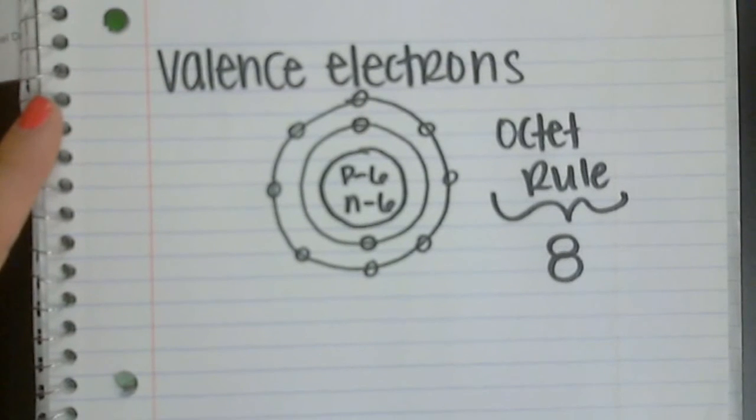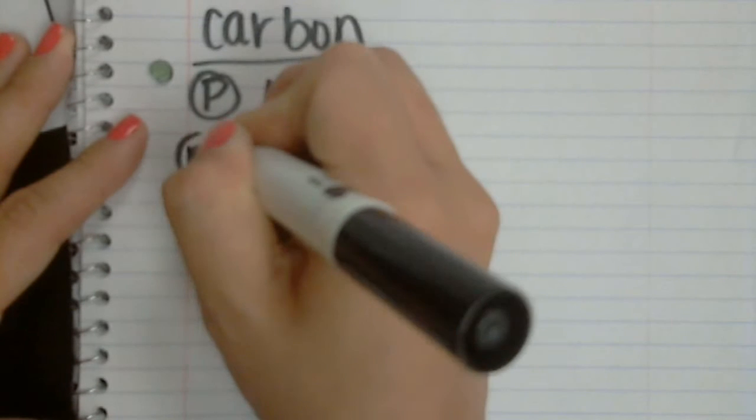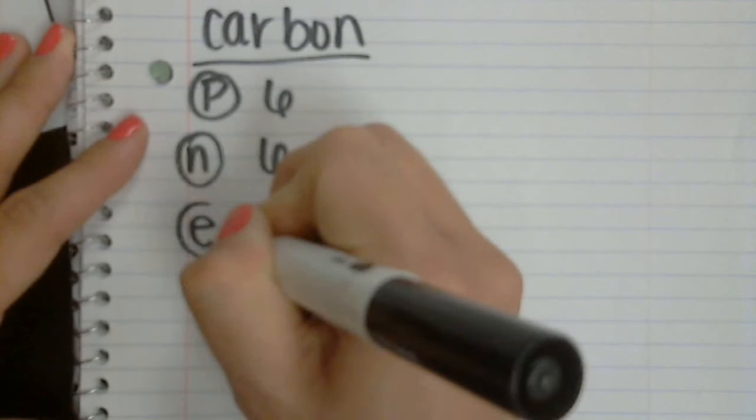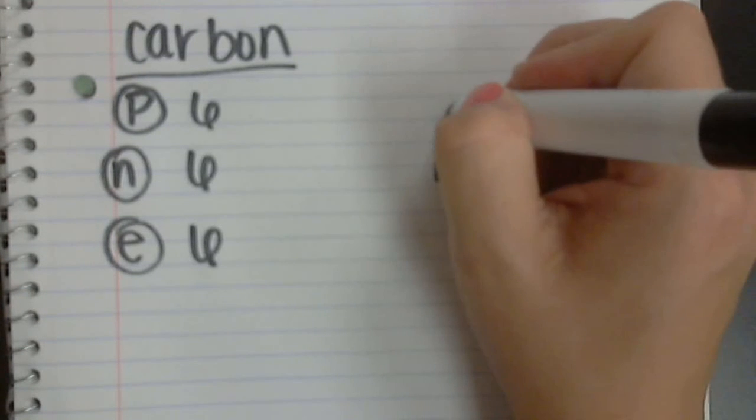So let's take a look at what this means for carbon. We know that carbon has 6 protons, 6 neutrons, and 6 electrons, which I already explained earlier in the video. So if we're looking at how to draw our structure, in our nucleus, we would have 6 protons and 6 neutrons.